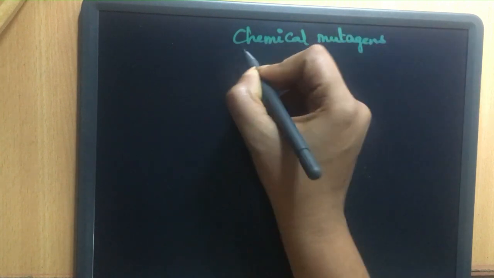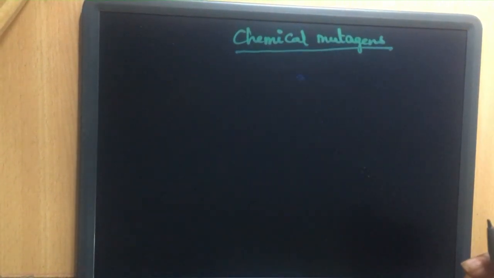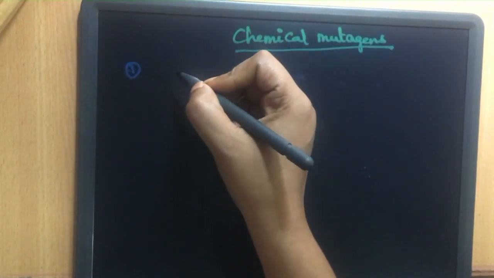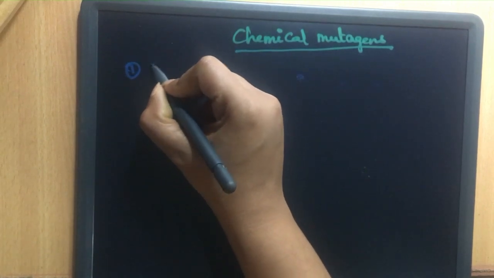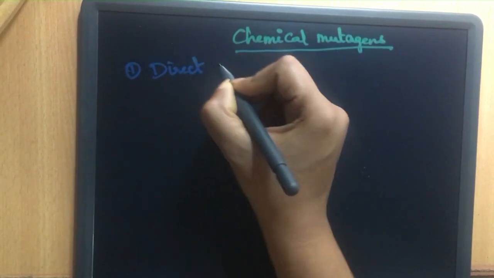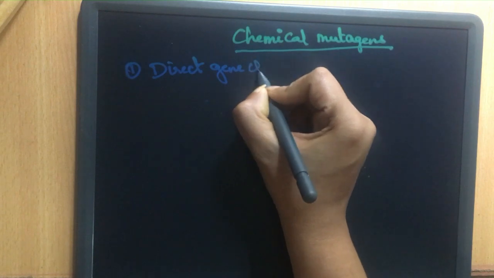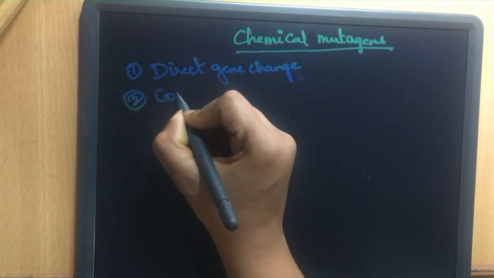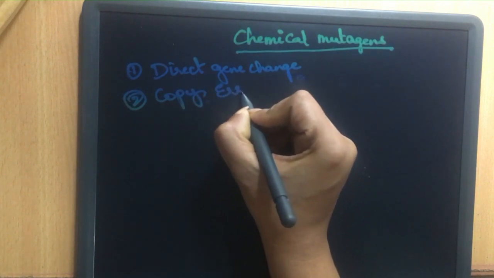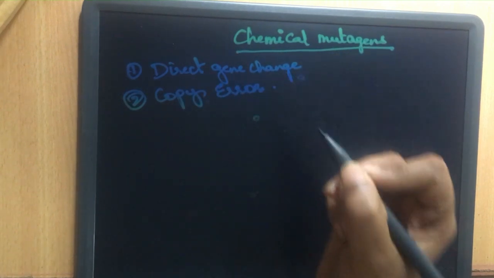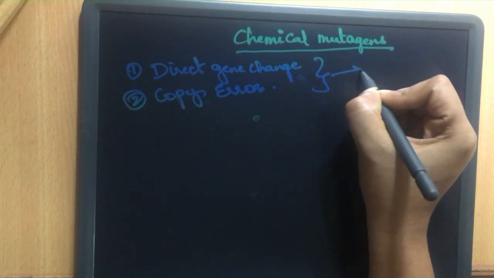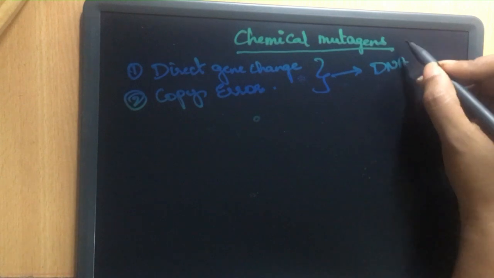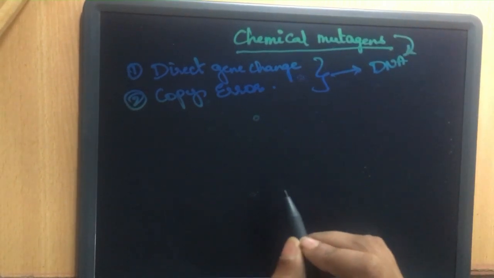These chemical mutagens have an effect on the chromosomal DNA either by direct gene change or by copy error. This is done in the DNA by the chemical mutagens.